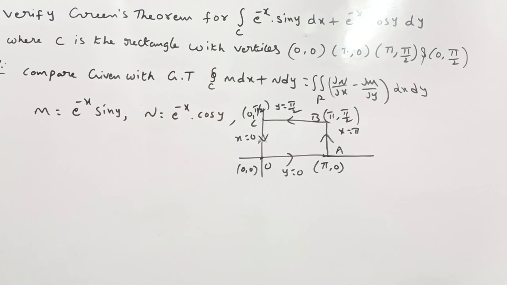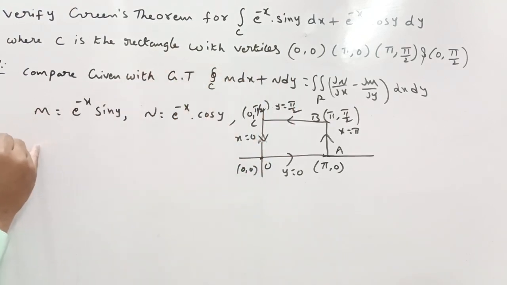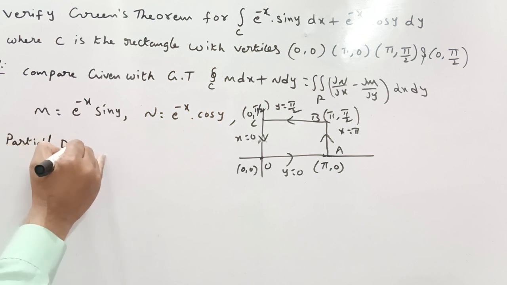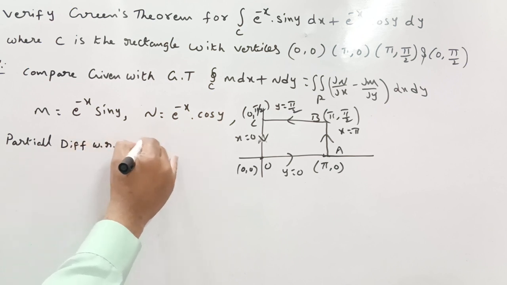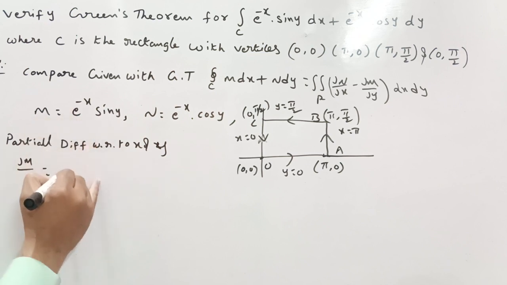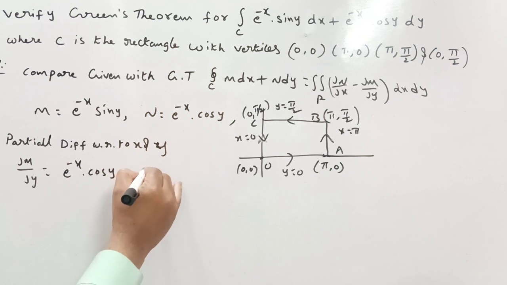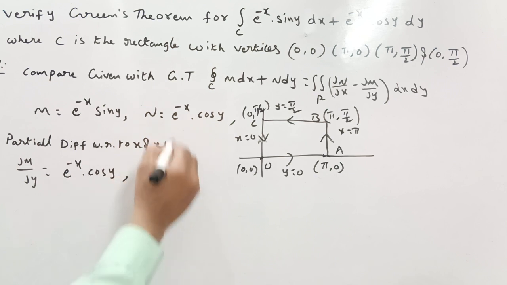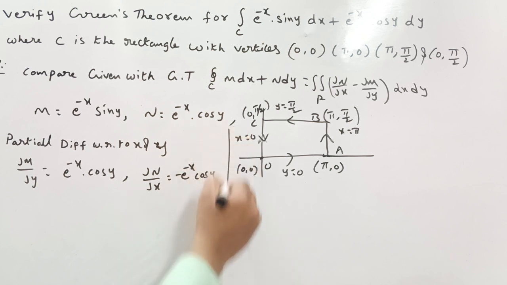Now what to do? To first find out the limits, we have to find the RHS. So first partially differentiate with respect to x and y. What do I get here? Dou M by dou y: what is dou M by dou y? E power minus x sin y differentiation is cos y. Dou N by dou x: e power minus x differentiation is minus e power minus x, and cos y is as it is.